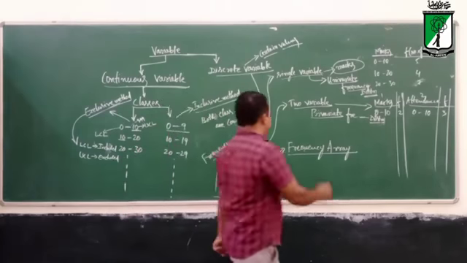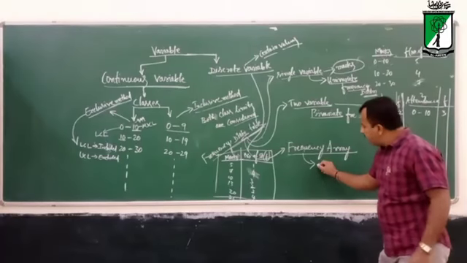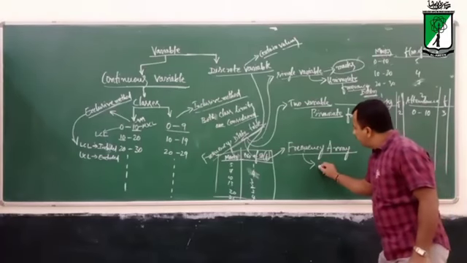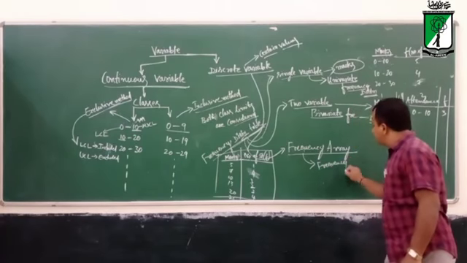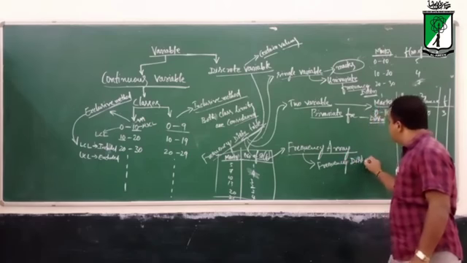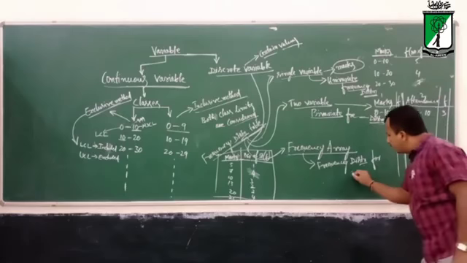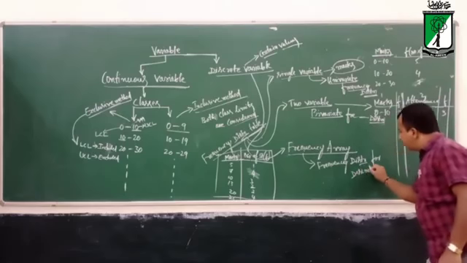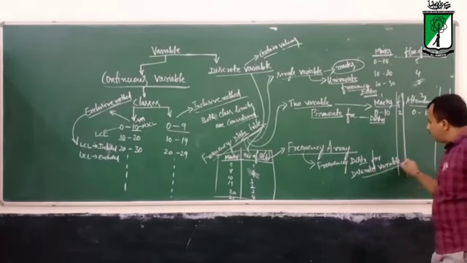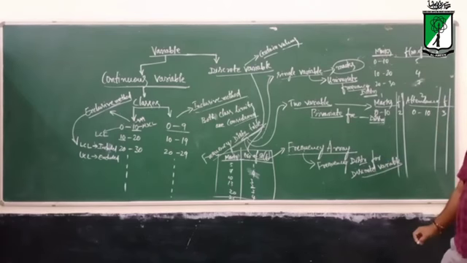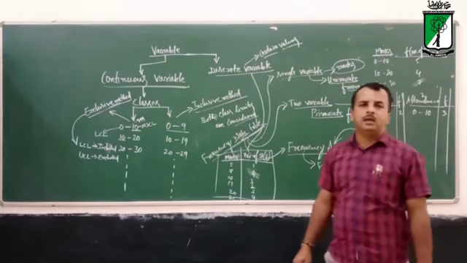If the frequency distribution is done for a discrete variable, then it is called a frequency array.